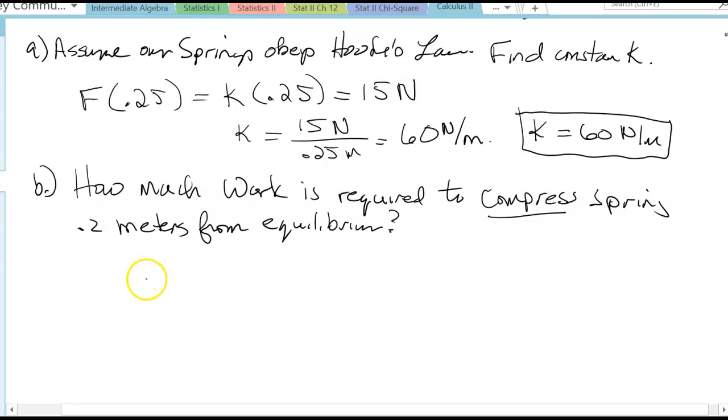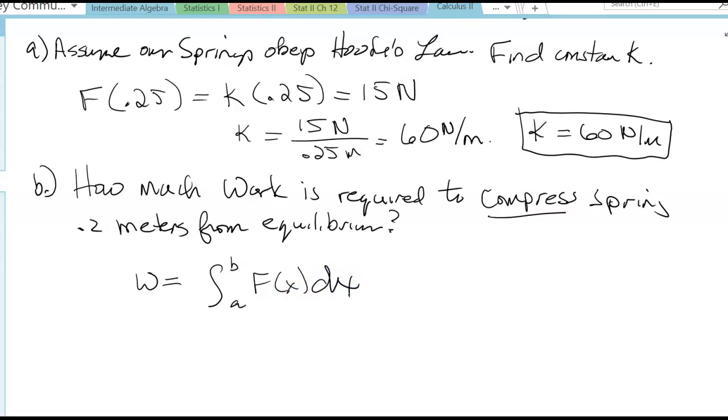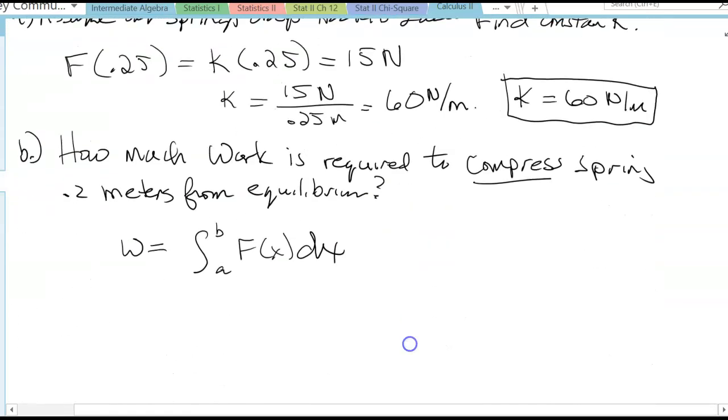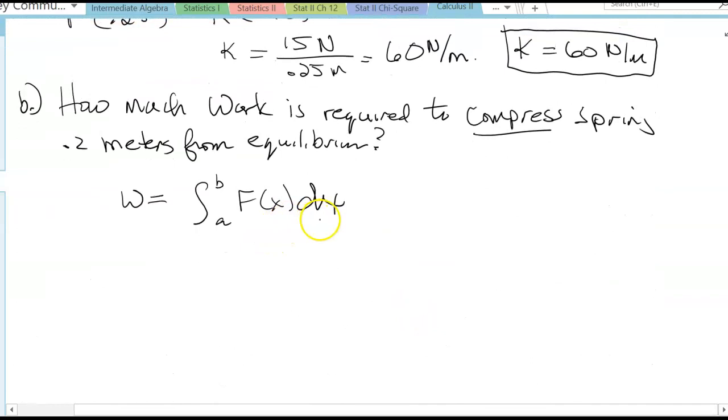So work is then going to be equal to the integral from a to b, the distance it actually travels, of f of x dx. Nice, simple integration. So force times distance is going to be our force across all these variable distances.